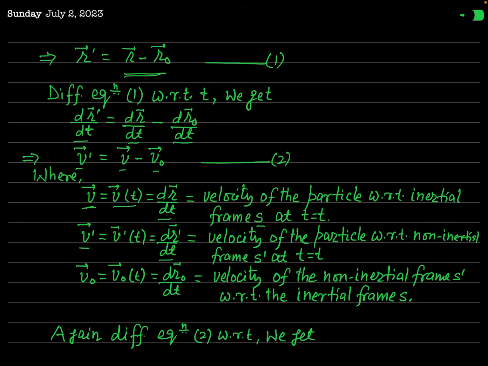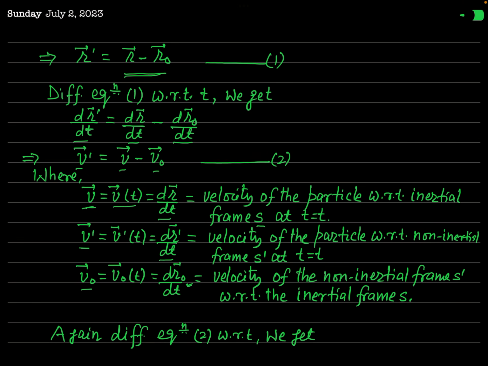Okay. And you know that this r naught, what is this r naught? R naught is the position vector of the origin of the non-inertial frame with respect to the inertial frame. So when you differentiate r naught with respect to t, you will get the velocity of the non-inertial frame with respect to the inertial frame.